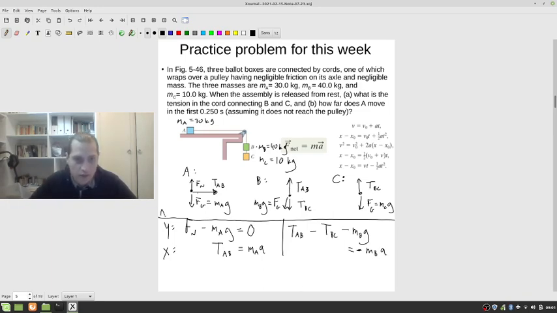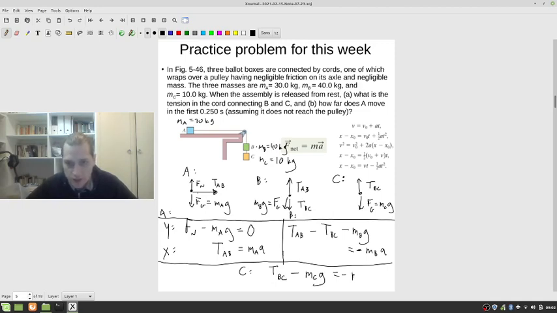Okay, so I have equations for A, I have equations for B, and then I have my equations for C. And my equation for C is going to be just these forces. TBC pulling up, minus MC times g equals, and it's going to be accelerating downward once again, so minus MC times a.